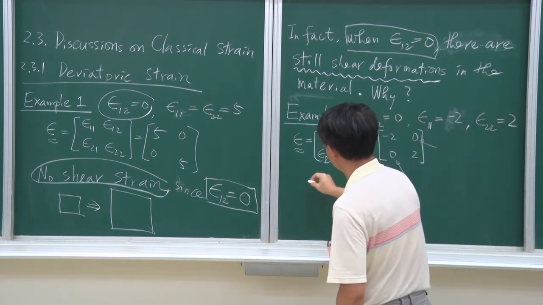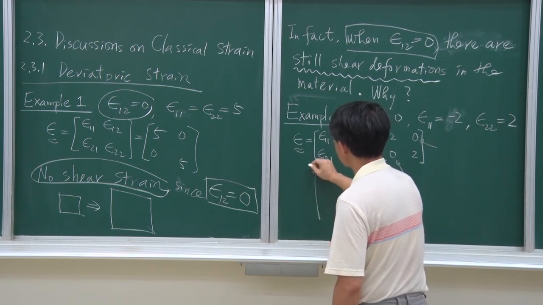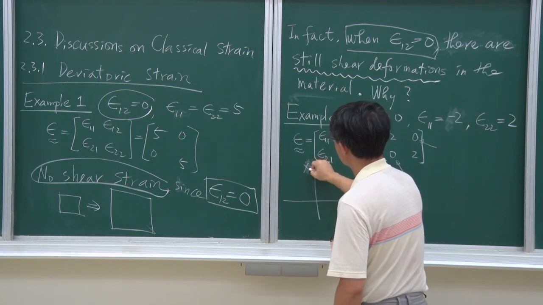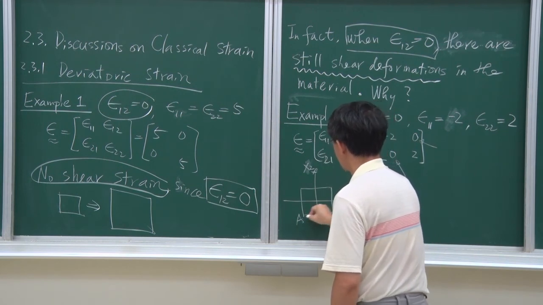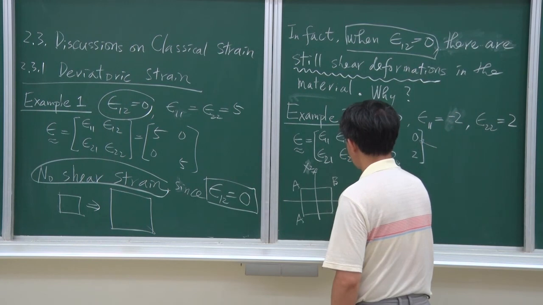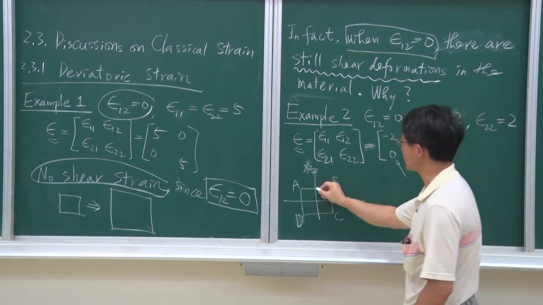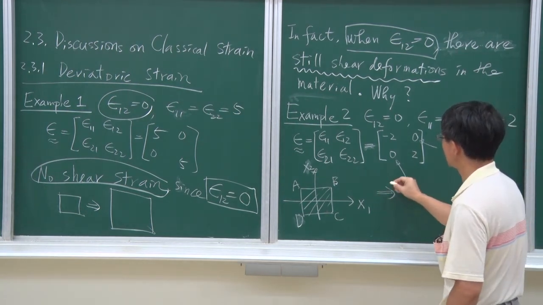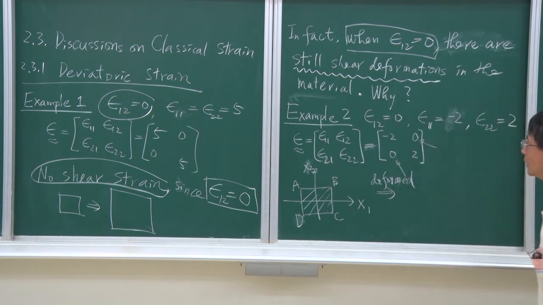So what does it look like? For example, we have a material in a square shape, and it will deform. Deformed into what?